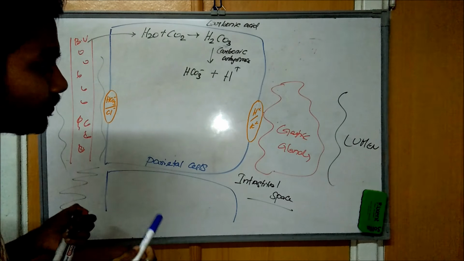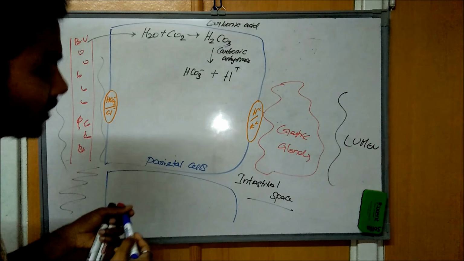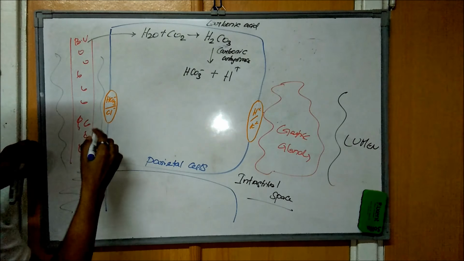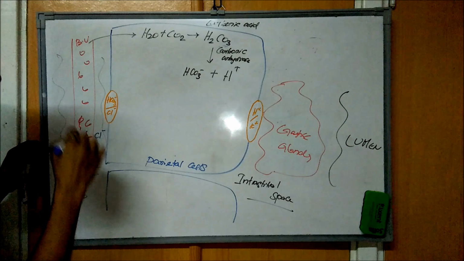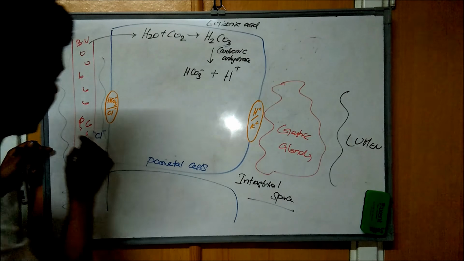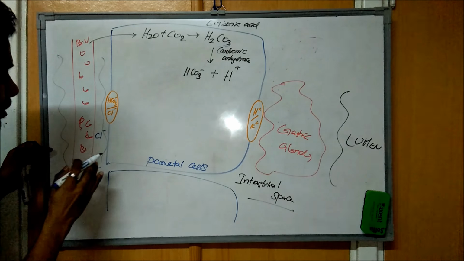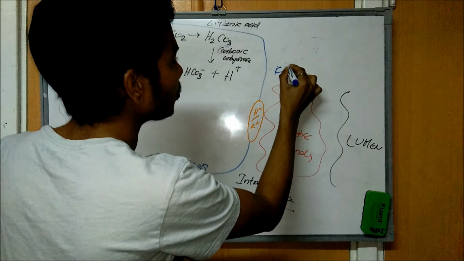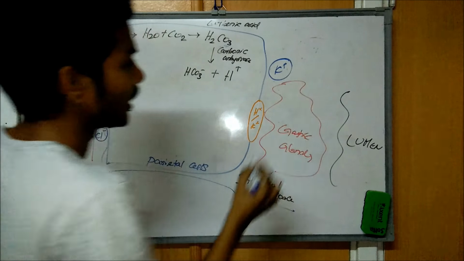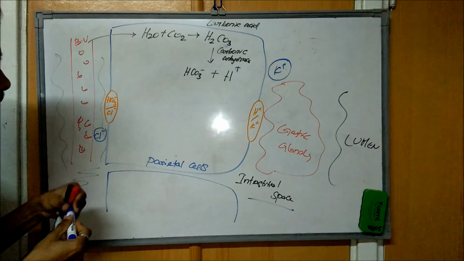So normally in the interstitial space there is a presence of Cl minus, the chloride ion, and the potassium ion, K plus ions.